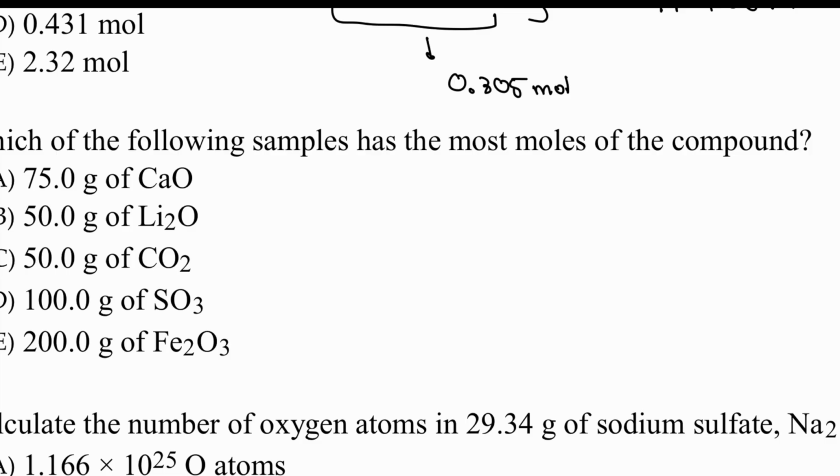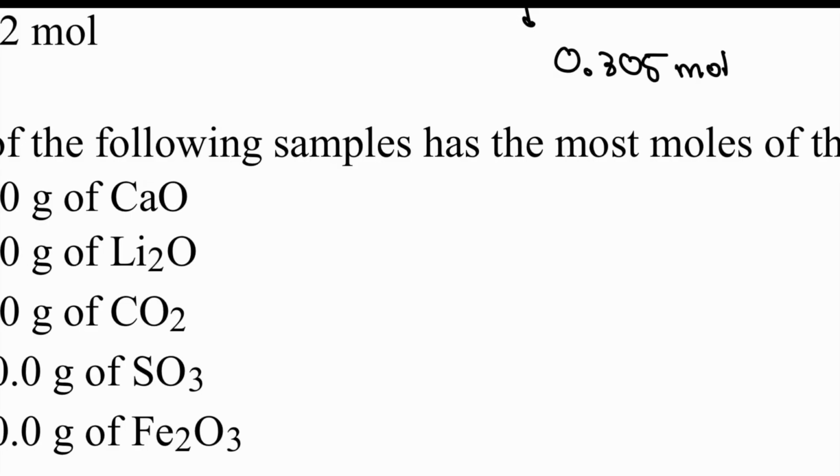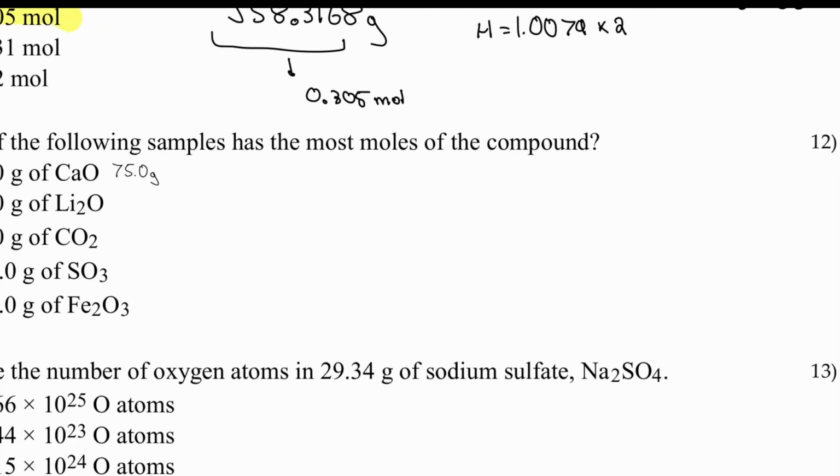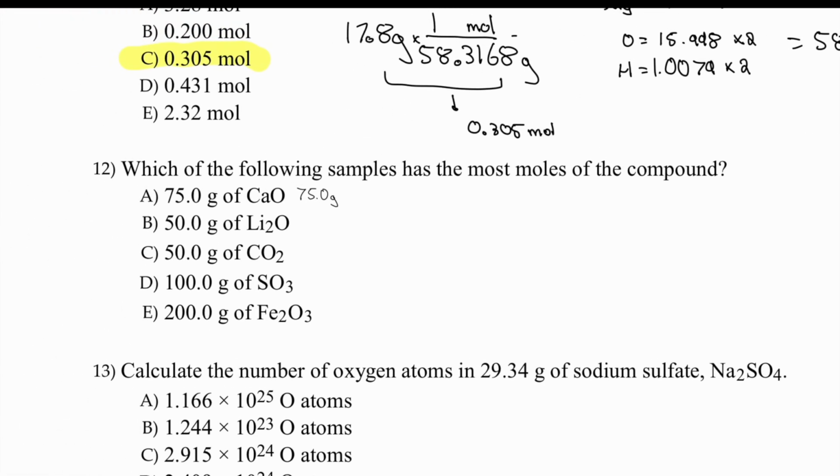So the first step is that, let me write this smaller here. They give us something in grams. They want to figure out which one has the most moles. So all we have to actually do for this one is divide by the molar mass, because we're going to get moles on the top and grams on the bottom.